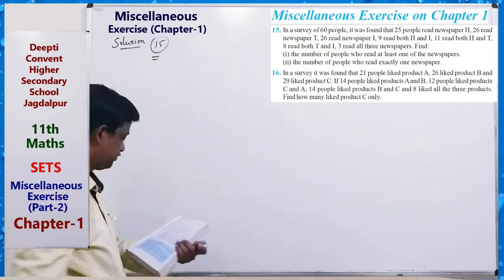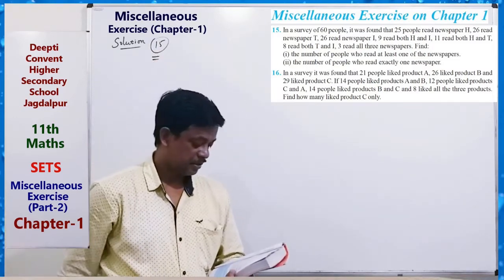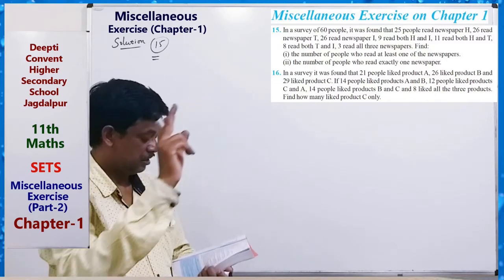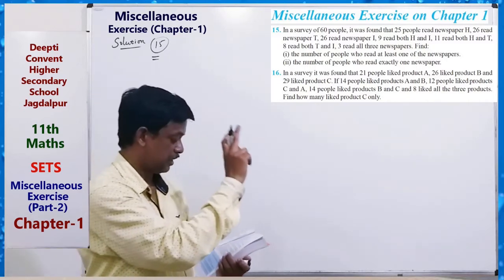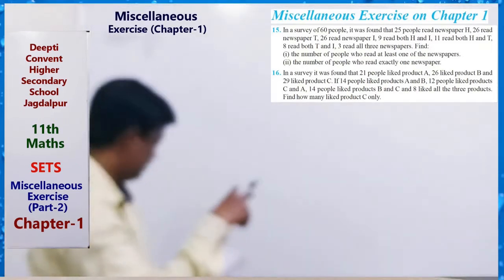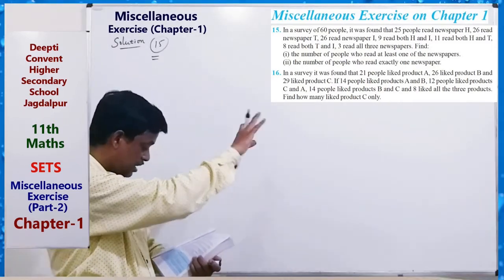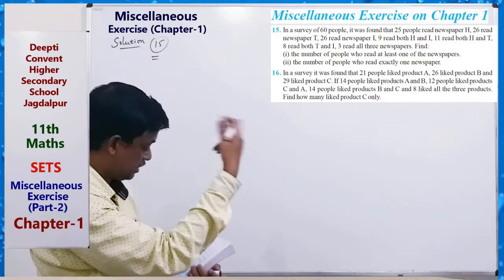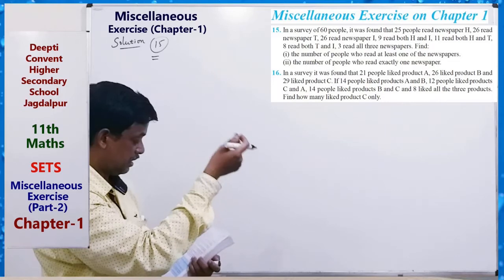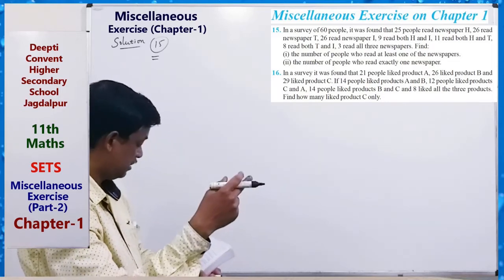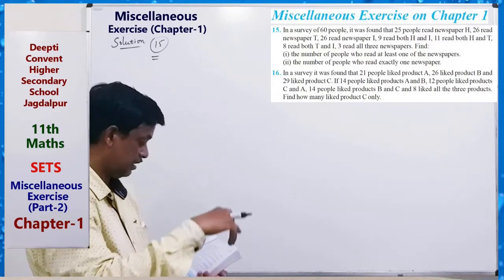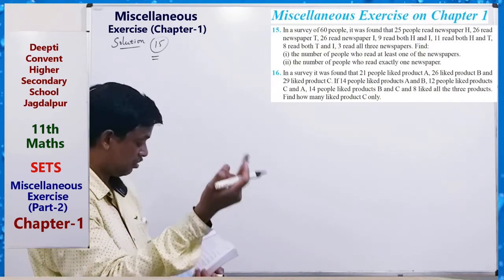It was found that 25 pupils read newspaper H, 26 read T, 26 read I, 9 read H and I, 11 read H and T, and 8 read T and I. 3 read all the newspapers.